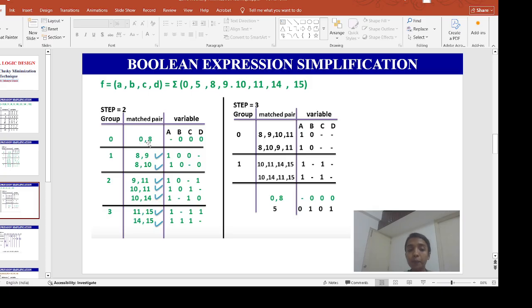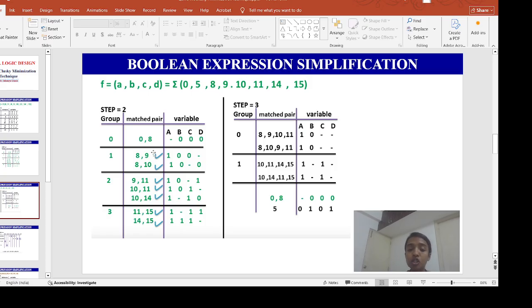First we compare 0, 8 with 8, 9, then 0, 8 with 8, 10. Then 8, 9 with 9, 11, 8, 9 with 10, 11, 8, 9 with 10, 14. Then 8, 10 with 9, 11, 10, 11, and 10, 14. Then 9, 11 with 11, 15 and 14, 15, 10, 11 with 11, 15 and 14, 15, and 10, 14 with 11, 15 and 14, 15.